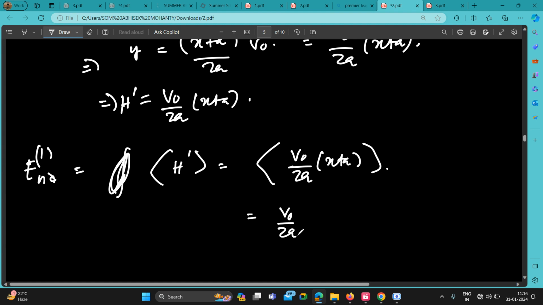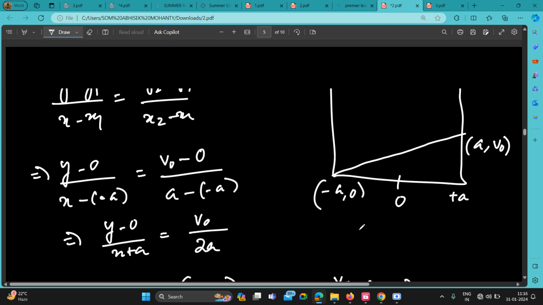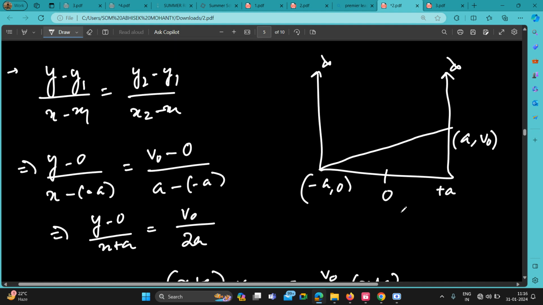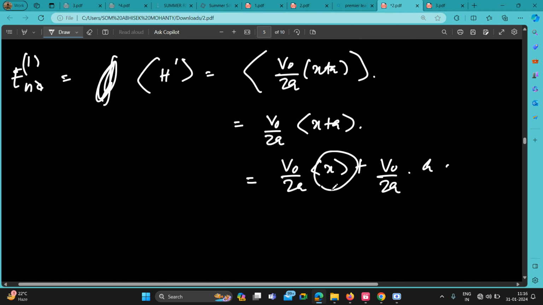V naught by 2a comes out, x plus a. Okay. So V naught by 2a into x plus, this one just will remain a. Okay, V naught by 2a into a. Now see, this is a symmetric potential, right? Minus a to a. So symmetric potential, the expectation value of x will become what? 0. So this is 0 plus V naught by 2. I'm sure you can get it. Got it?